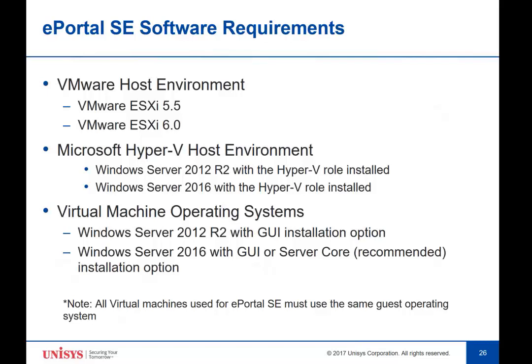And we actually recommend that because it's less resources, first of all, that you're going to need. So you may see better performance, but it also reduces the attack surface. In my mind, that's even more important, that you run with a reduced attack surface. Should mention that all virtual machines that you create for ePortal have to have the same operating system. So if you choose 2016, choose 2016 across all your VMs.